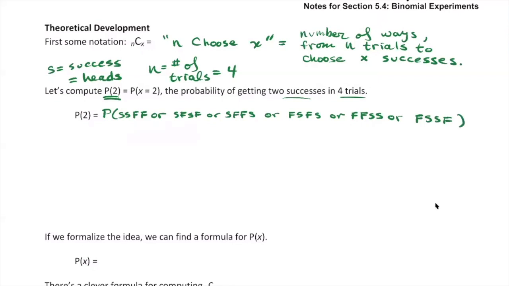Now, the addition rule says or becomes add. We are going to change these to little plus signs and do individual probabilities.